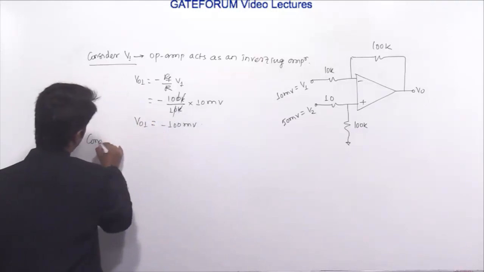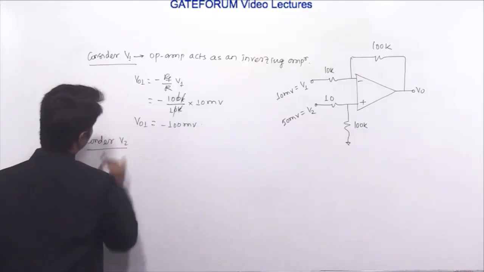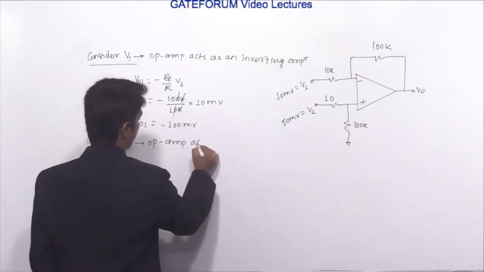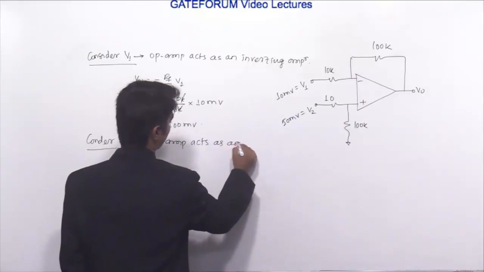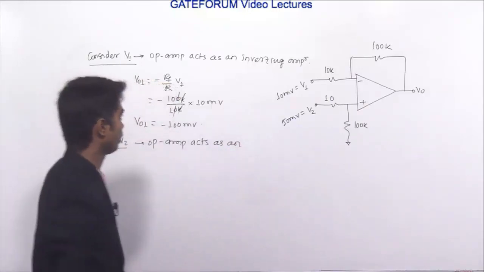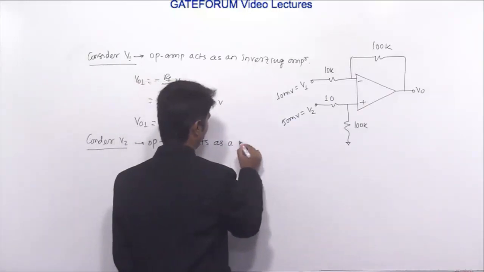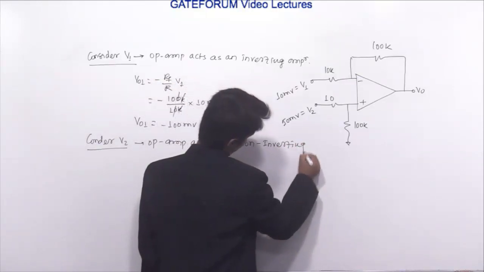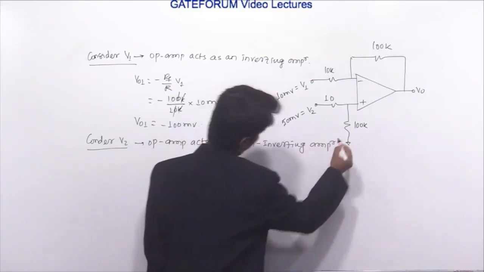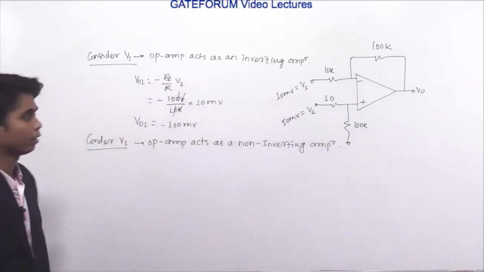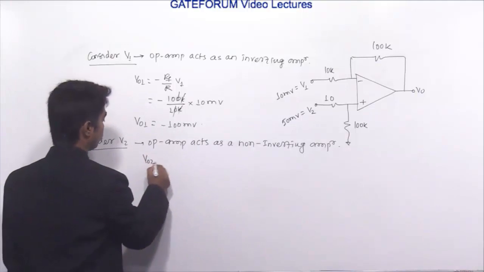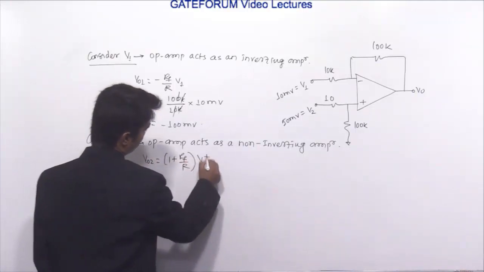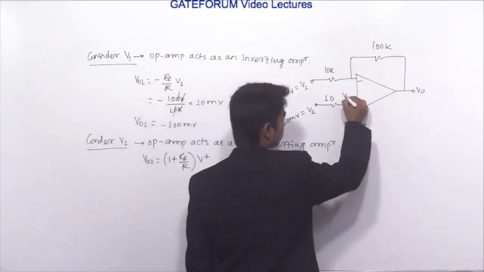Now consider V2. Then the op-amp acts as a non-inverting amplifier. We know that in this case VO2 will be 1 plus RF by R into V plus. This is V plus.